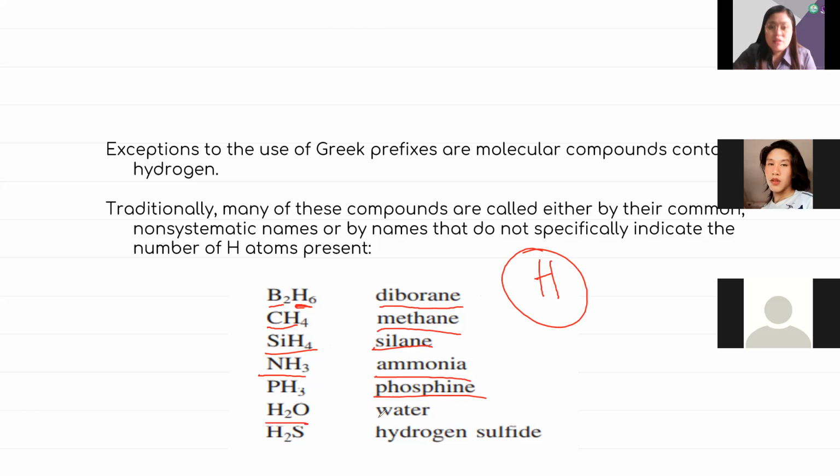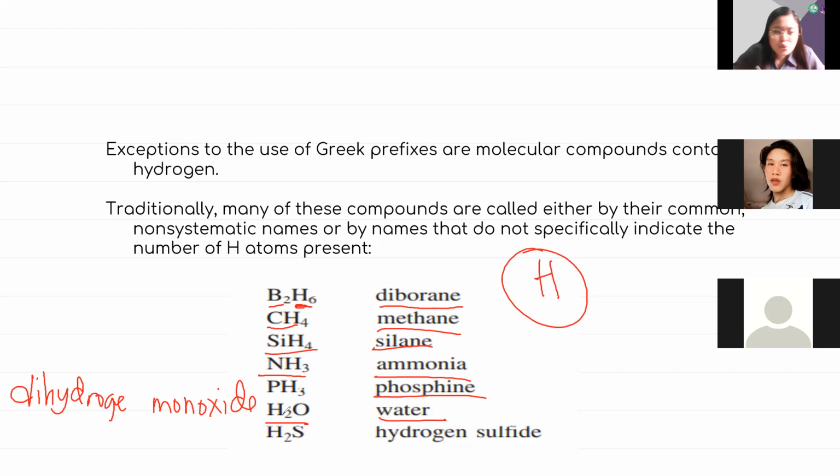And then this one, directly water. Again, when you see H2O, that's directly water. So we use the common name right away. Water, instead of calling it dihydrogen monoxide, since it has two hydrogens and one oxygen.